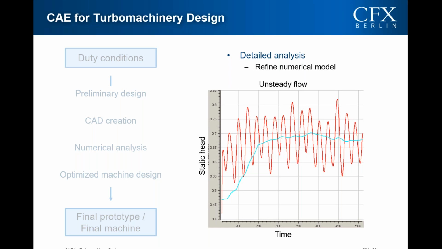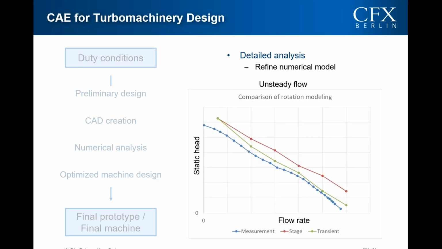But even the predicted average values, this is the blue line here in the chart, can be wrong. So normally the steady state approach is okay at design conditions where we should have a blade attached flow. This example shows some worst case. Here the transient flow behavior is dominant over the whole speed line. So important to capture this, I think.